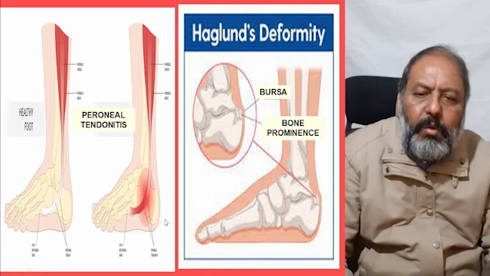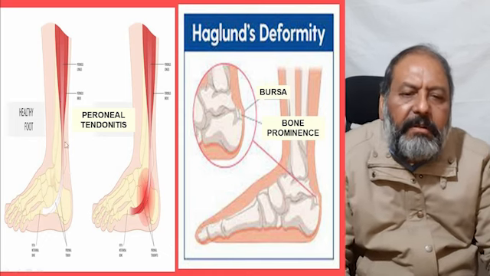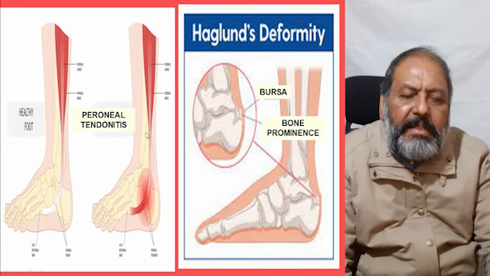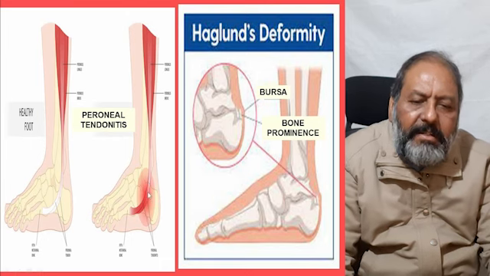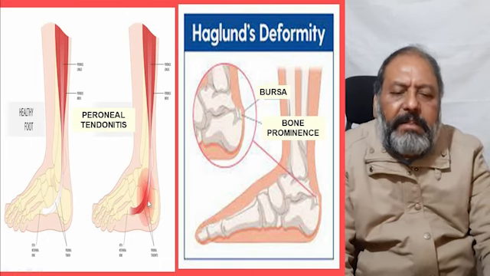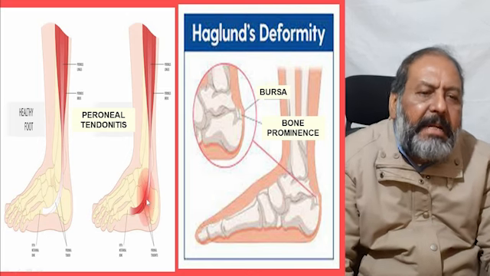So here one can see the healthy foot, and here there is peroneal tendonitis. As one can see, the peroneal tendon, when it is passing near the heel, is inflamed and it gives the feeling of a heel spur. So that is peroneal tendonitis.